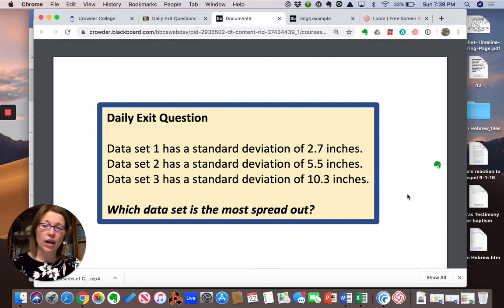So we've got a whole bunch of data of lifespan of that particular species. If the standard deviation is really small, then that means that they all end up being really close to the mean. Well, if they're all generally pretty close to that mean, then you could probably predict pretty reliably.